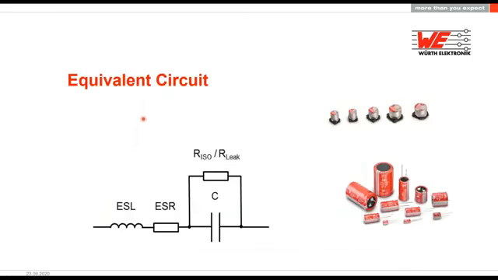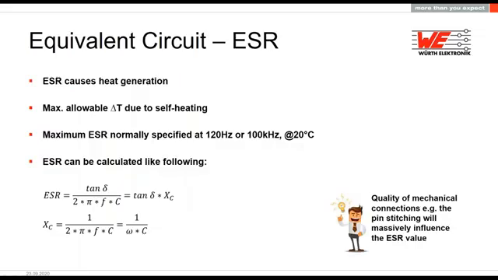First, I would like to talk about the equivalent circuit of a capacitor. It's the same with THT, SMD, and so on. The values change, but the basic is still the same. So it's the same physics behind. So the ESR causes heating, so it causes losses.